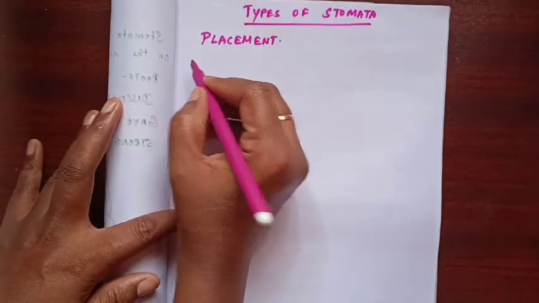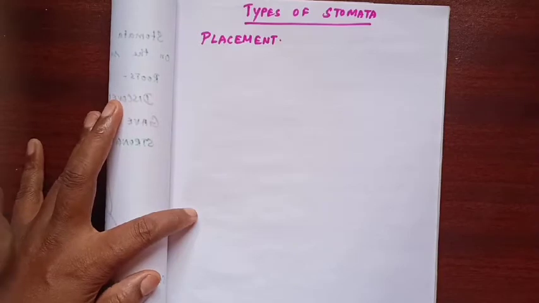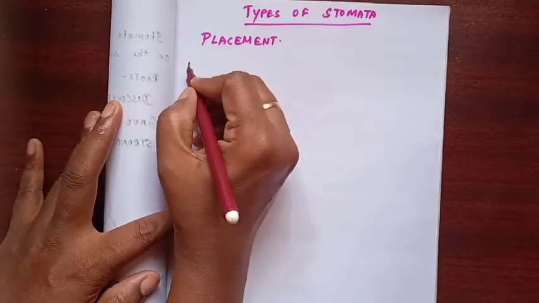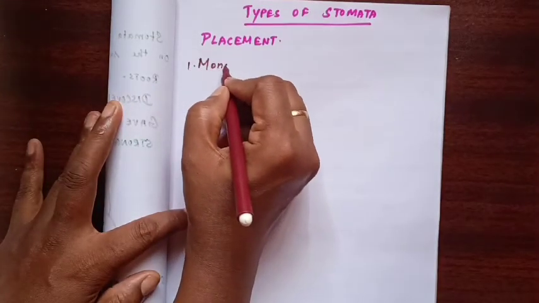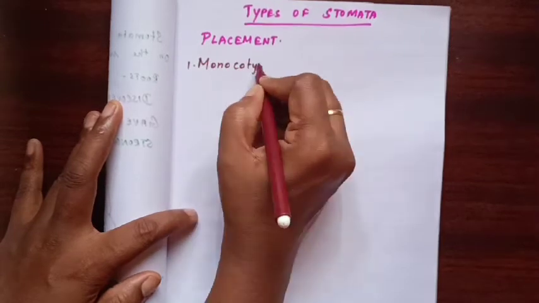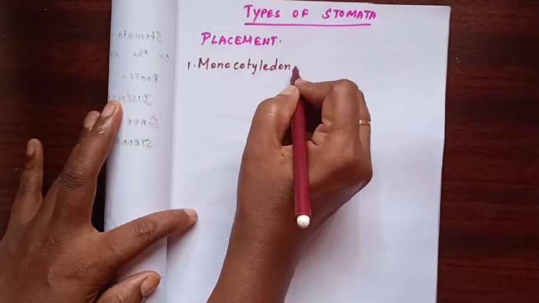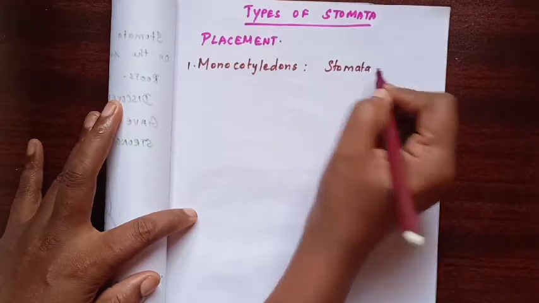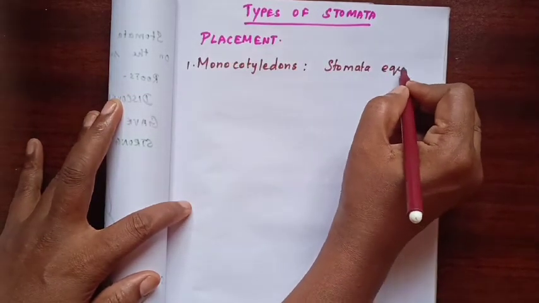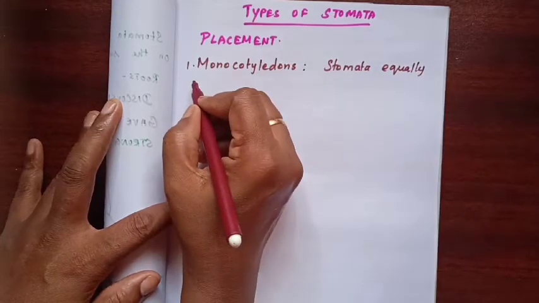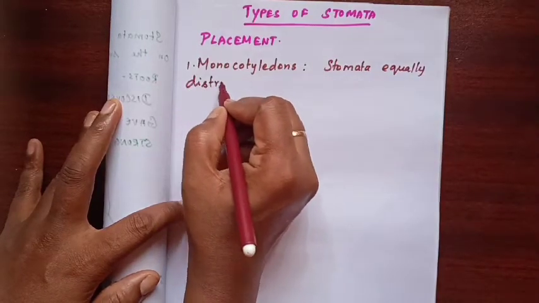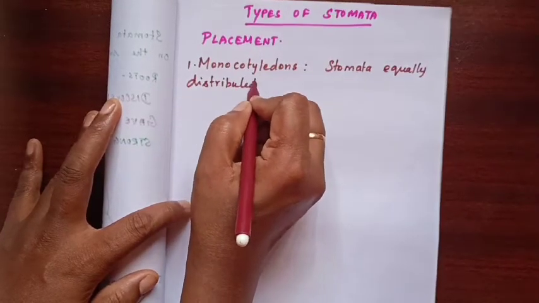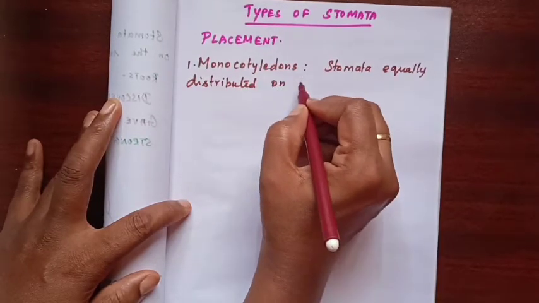So first one, if you take in monocotyledons, stomata is equally distributed on both the epidermis.